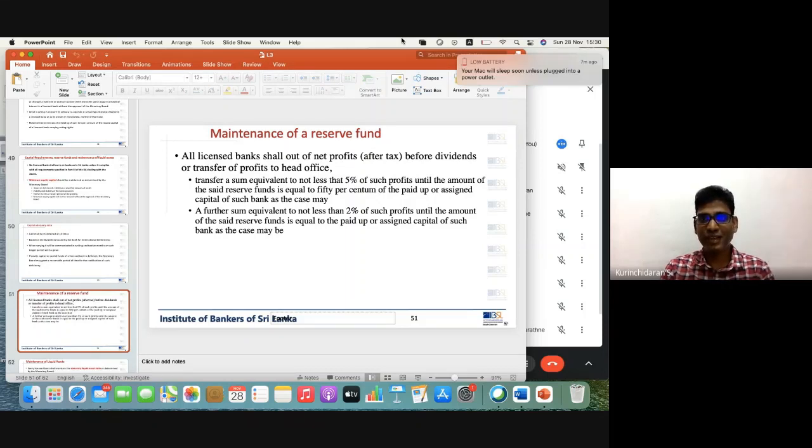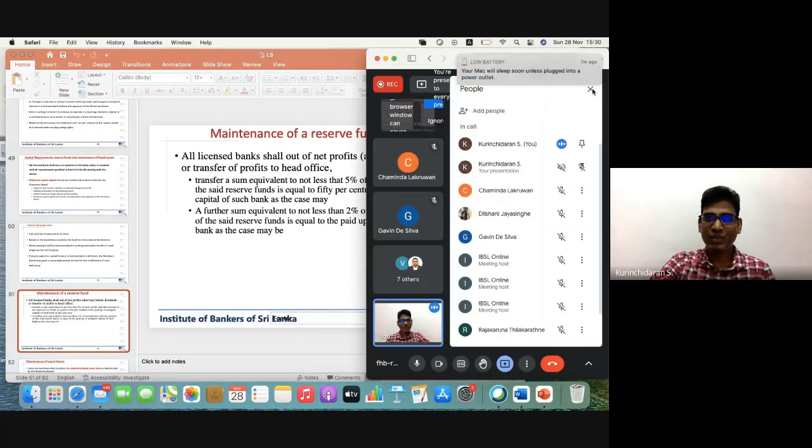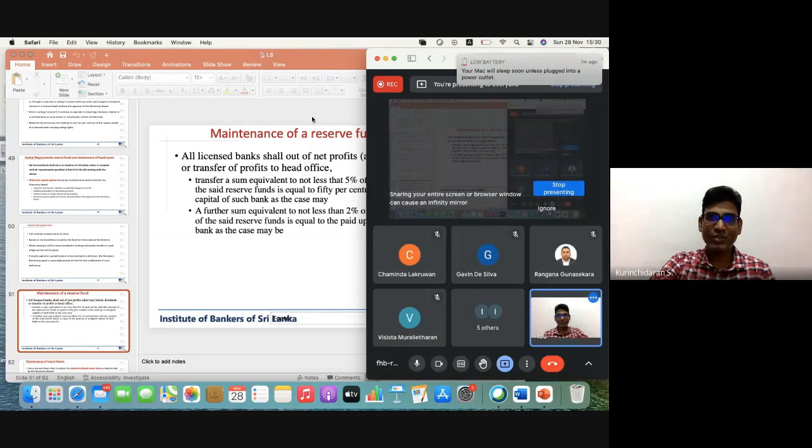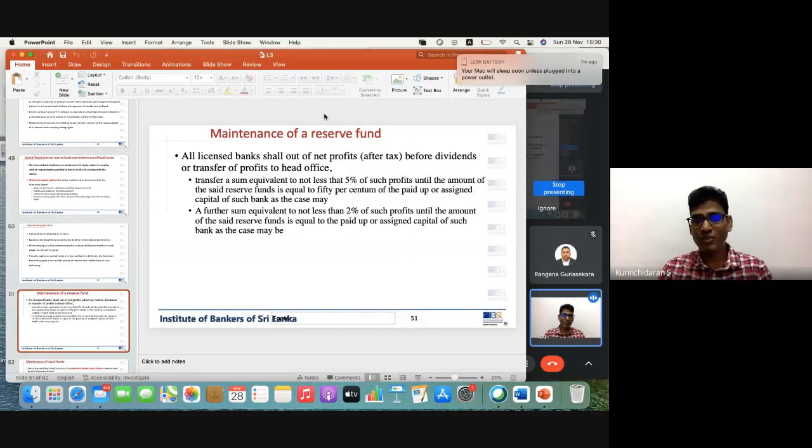We usually get this kind of response from officers, not only for liquid assets but most of the time. So what I want to say is, if you're doing a particular job in your bank, go through these rules and regulations clearly.